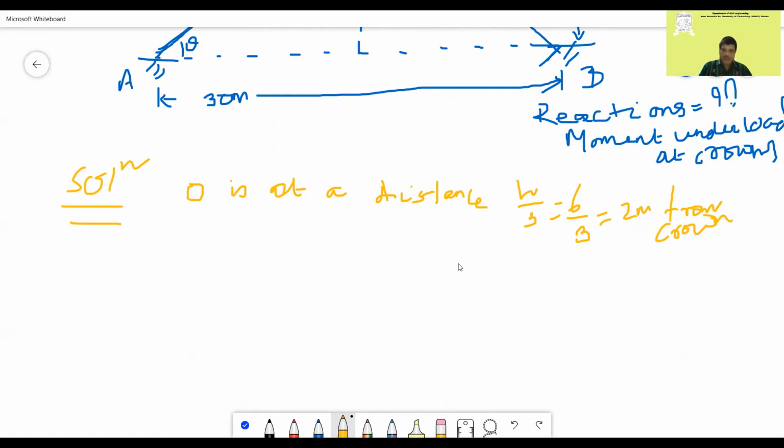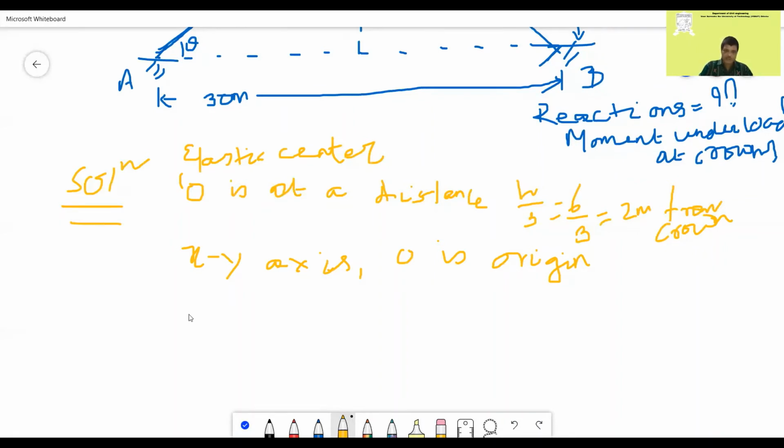Okay. And now if we take O as the origin and calculate the values, x and y are the axes. Now initially we have seen this elastic center, so this is your elastic center at O. Now what is the equation?